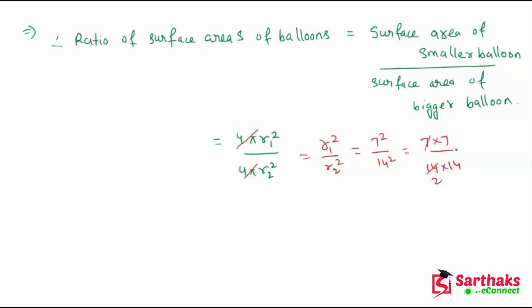This will be cancelled by 2 times and this will be cancelled by 2 times, so here we get 1 upon 4, and it means we can say the ratio is 1:4. So this is the answer of this question. I hope you understand these things, my dear friends. Yes, so now let's move on.